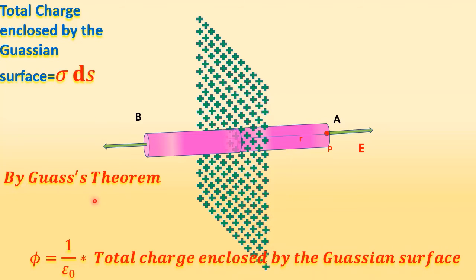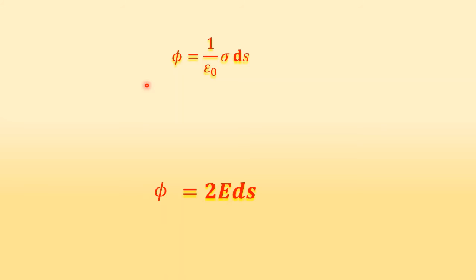Let us apply Gauss's theorem. Total flux is equal to 1 by epsilon 0 into total charge enclosed by the Gaussian surface. Gauss's theorem: phi is equal to 1 by epsilon 0 sigma ds. You already derived an equation for phi: phi is equal to 2E ds.